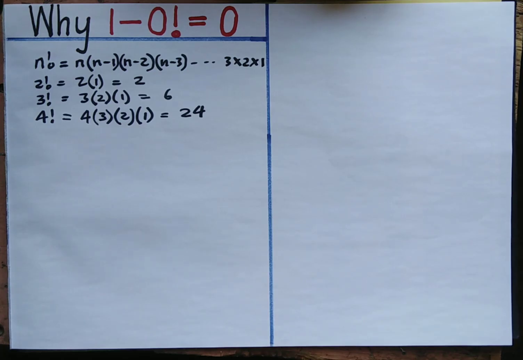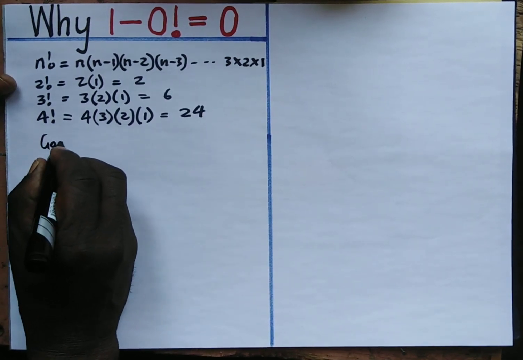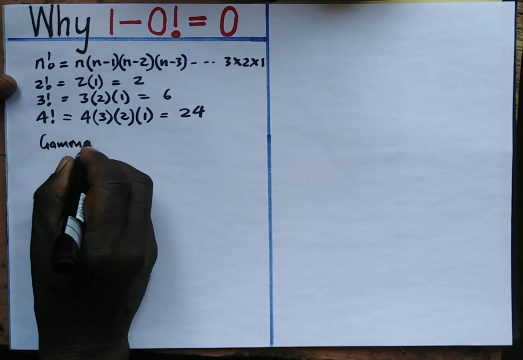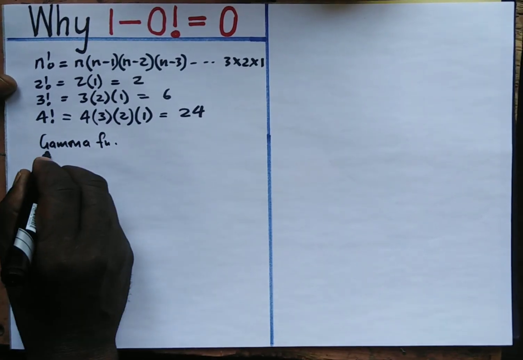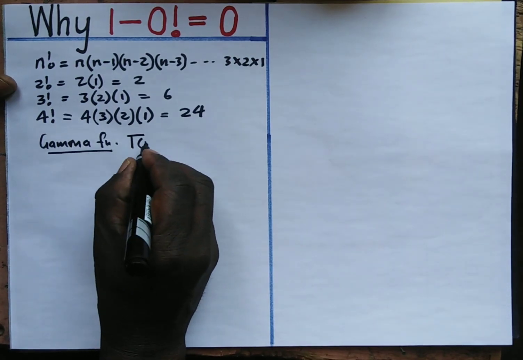Now, the next thing that we want to do is to define a special function which is called a gamma function. So let's define a gamma function, which is a function of n.